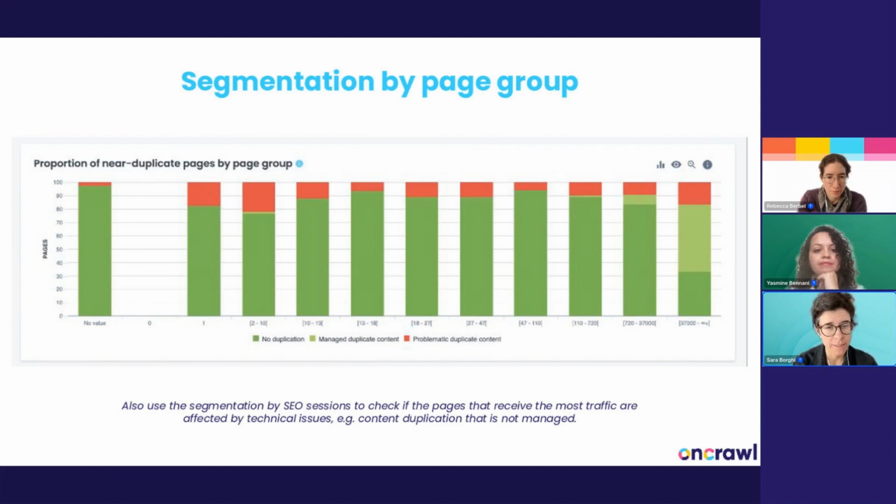So this will give your teams a priority to work on, because if I was looking at this graph and managing an SEO project, I would probably action the pages that get more traffic and solve the problematic content affecting them first, before moving to the other groups. See how the segmentation really ties into the process of your SEO work and can help you prioritize your actions.